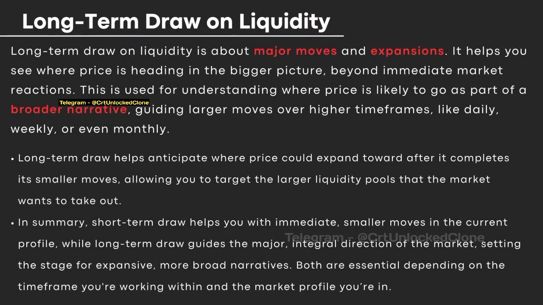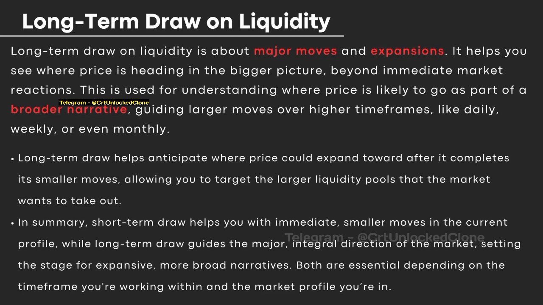Moving on, next up we've got the long-term drawn liquidity, right? And in this slide, we're going to discuss what long-term drawn liquidity is, what it means, what it stands for, and how to actually use it so that it can assist us in our analysis and execution. So long-term drawn liquidity is about major and significant moves and expansions, right? It helps you determine and see where price is heading in the bigger picture when you zoom out, right?